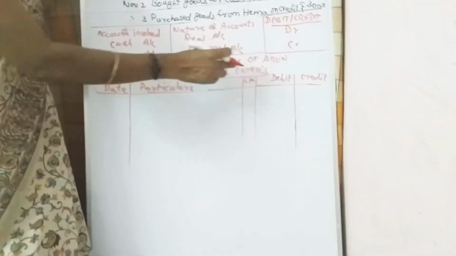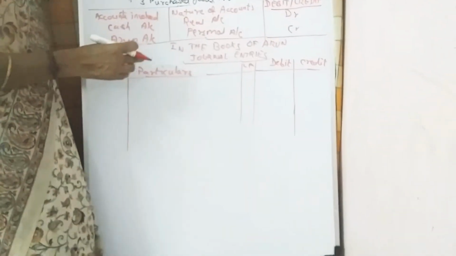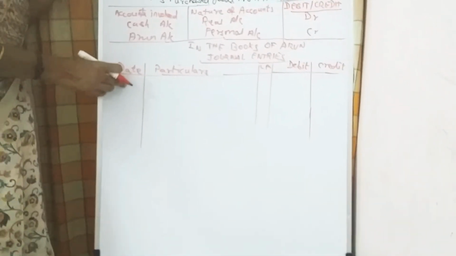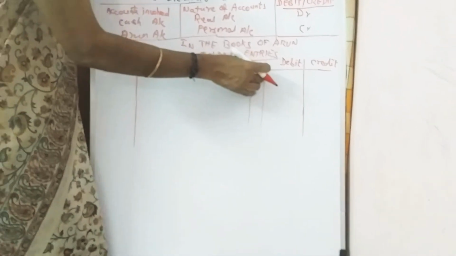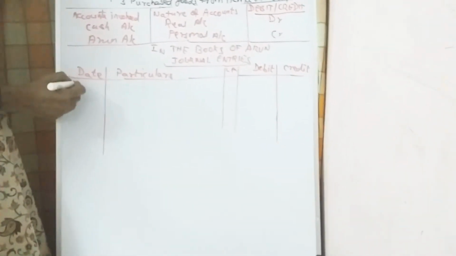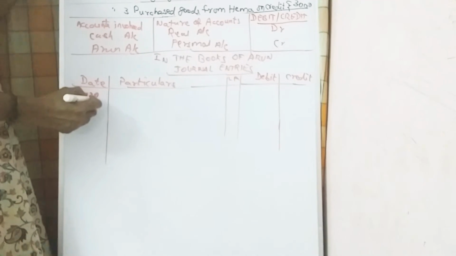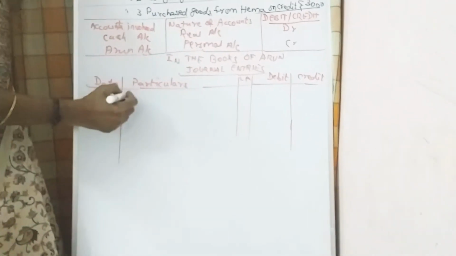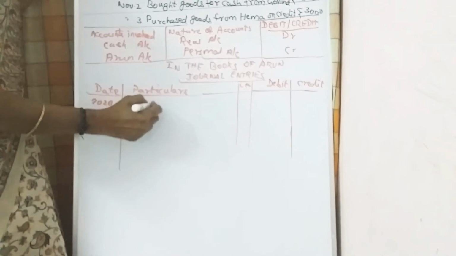Now, we will go to the journal entries. The heading is in the books of Arun, journal entries. The columns to be provided are date, particulars, ledger folio, debit, credit. So, when you analyze like this, it is very easy to write the journal entries. 2020 November 1st. Cash, what comes inside the business.